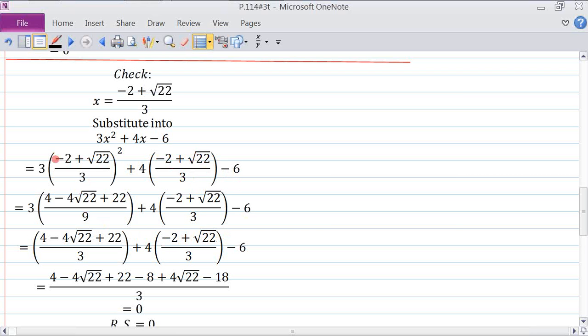So when we work out this squared term, of course the 3 squared here becomes 9. The first times the first is 4. The last times the last is 22. And now the inner middle term is minus 2 times root 22. The outer term is also minus 2 root 22. And when we sum them, we get minus 4 root 22.